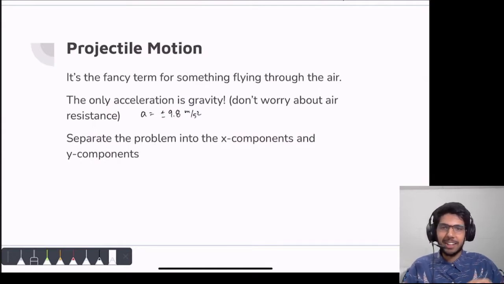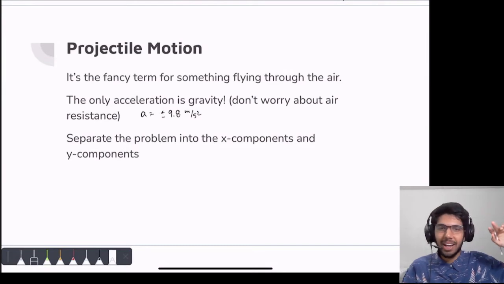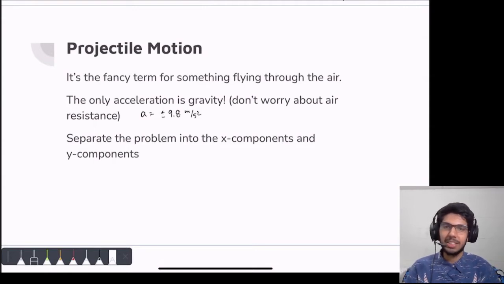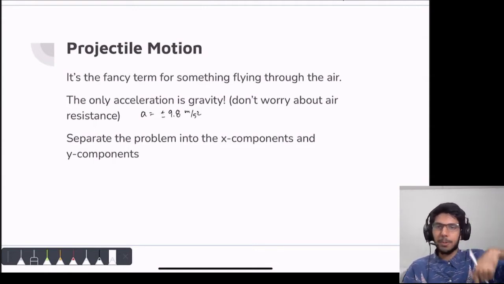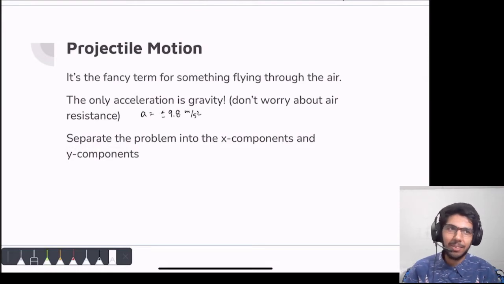Typically, we define the higher you go up in the air as positive y, whereas the closer to the ground is closer to y equals 0. So in that case, acceleration would be negative because it's pointing in the downwards direction. And then finally, a little tip here is to separate the problem into the x components and y components. This might seem a little confusing right now, but it will make sense when we do more problems.